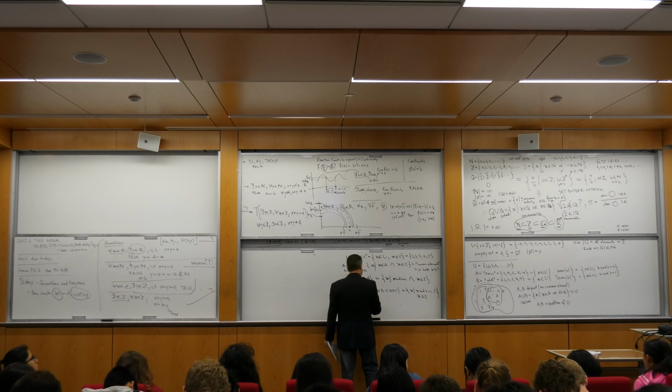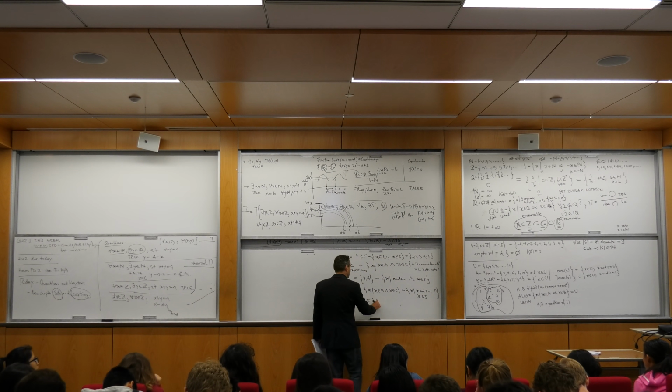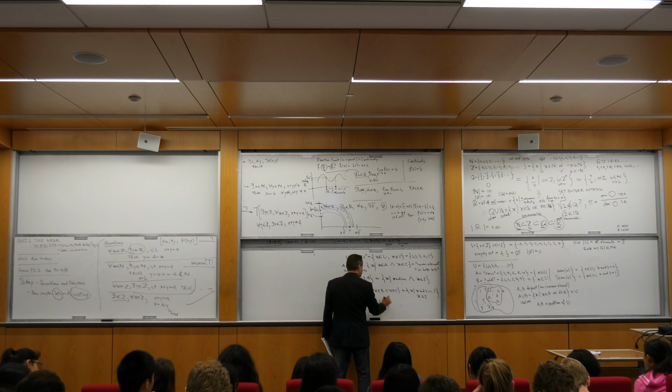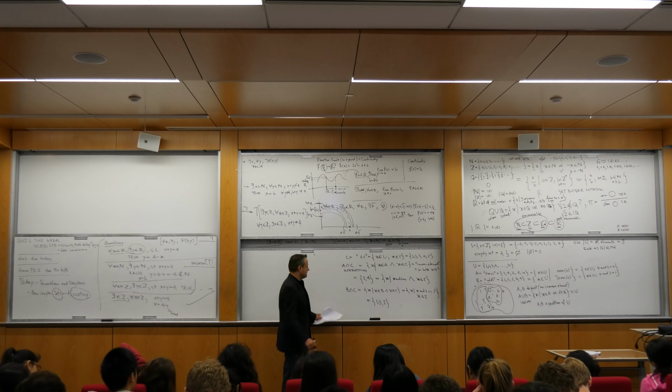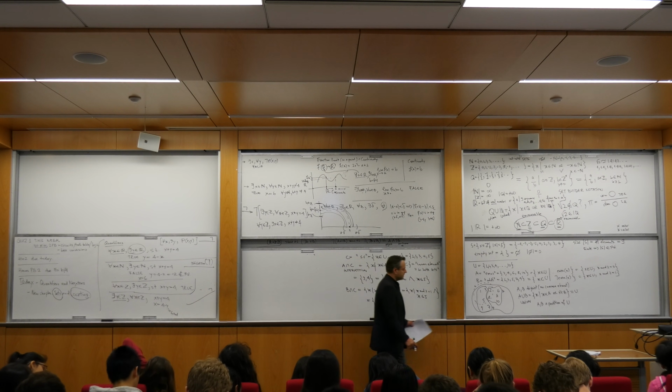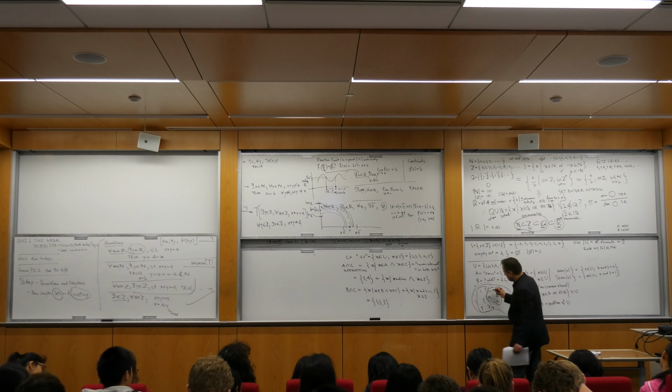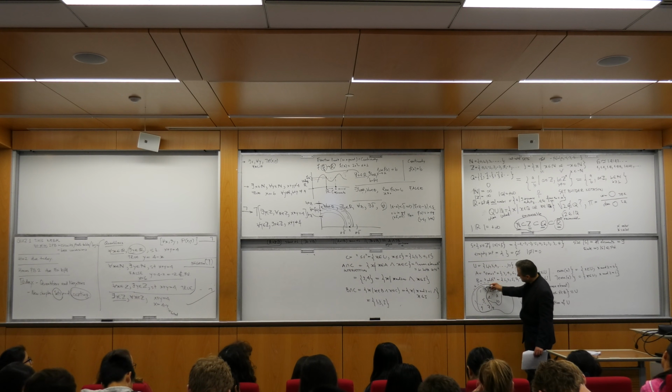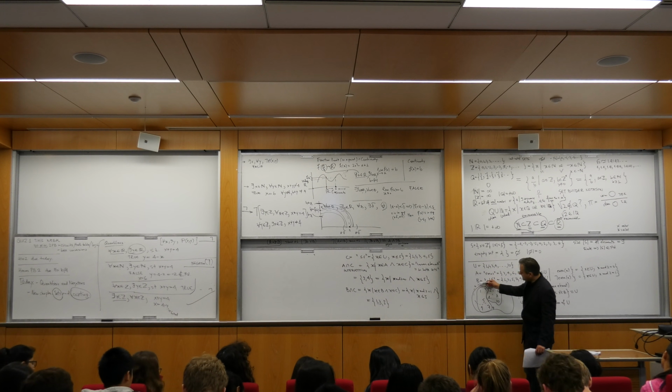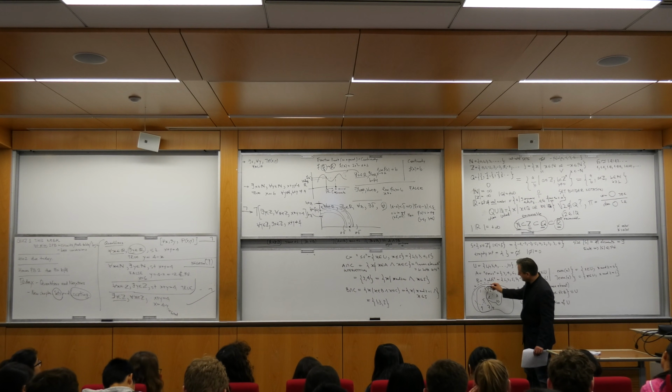So which set is that? 1, 3, 5. So that's 1, 3, 5. If you look visually at who C is, the 1, 2, 3, 4, 5, and if you look at who B is, then 1, 3, 5 are the elements involved.